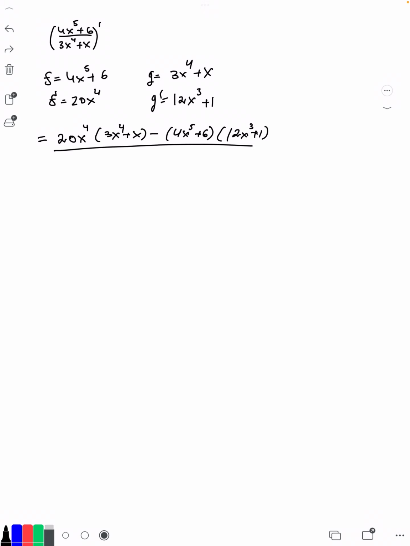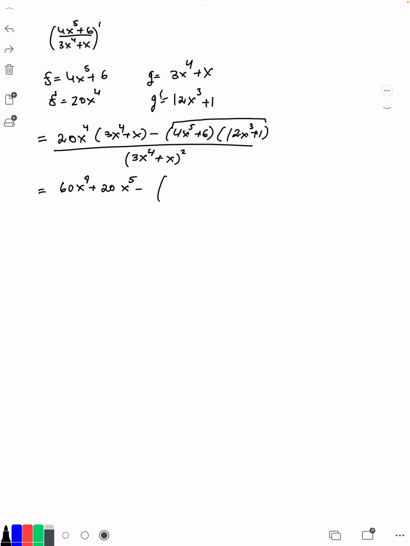And don't forget, all of that is divided by 3x to the power 4 plus x squared. You're gonna start opening it up. You're gonna have 60x to the power of 8 plus 20x to the power of 5, and minus, we're gonna open parentheses and solve those two.